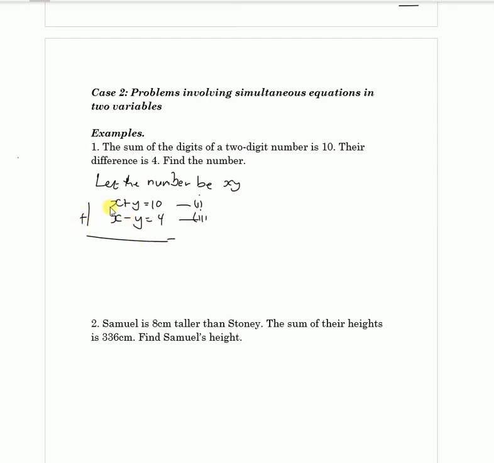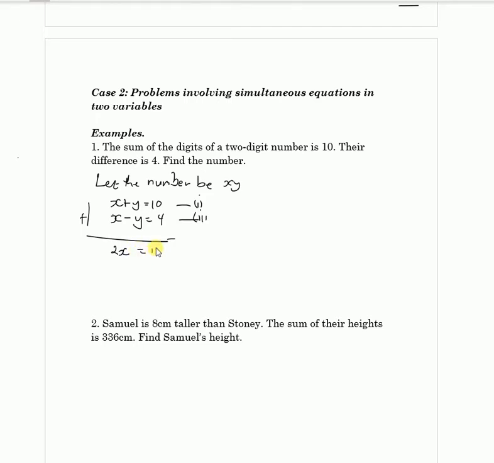Let us add x plus x, that is 2x. When we subtract, because x and x are the same, we shall be eliminating x. When we add, we have y and y the same but with different signs, so adding eliminates y.